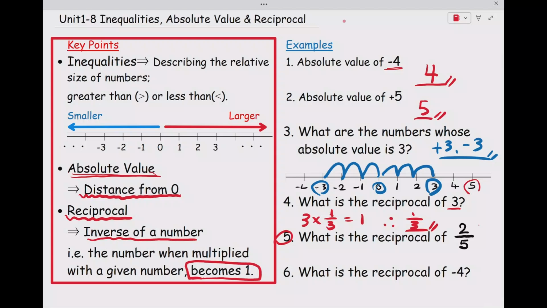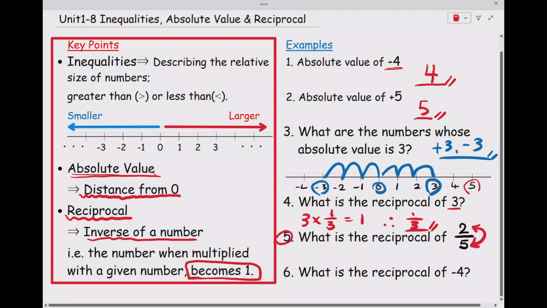Just flipping the given number upside down gives you 5/2. If you multiply 2/5 by 5/2, the denominator and numerator are reduced to 1/1, which equals 1. It works. So the reciprocal of 2/5 is 5/2. Okay.